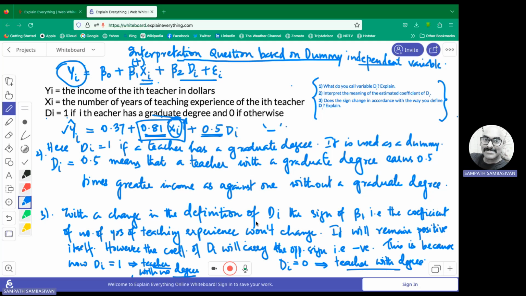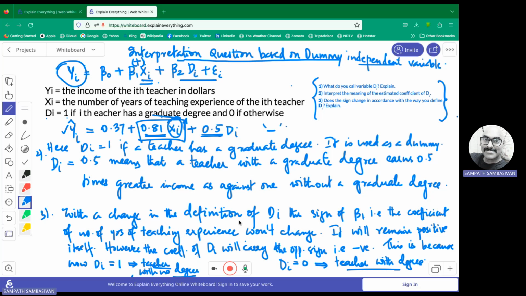So in order to make sense of it, it has to adhere to this larger thing, that is, the teacher with degree will get a higher salary and teacher without a graduate degree will get a lesser salary, right? If you have to align yourself with that commonsensical thought, the hypothesized sign, naturally the sign should change when the definition changes.